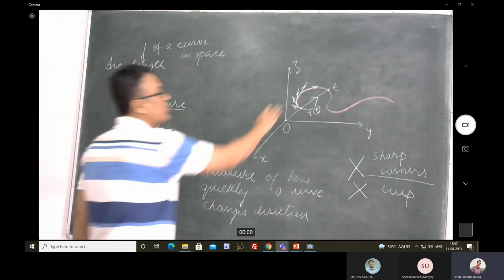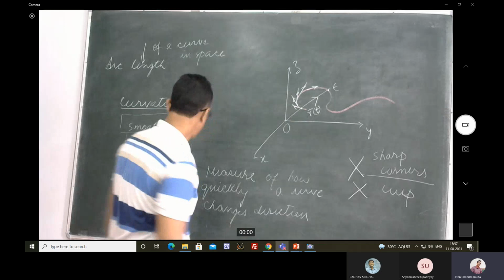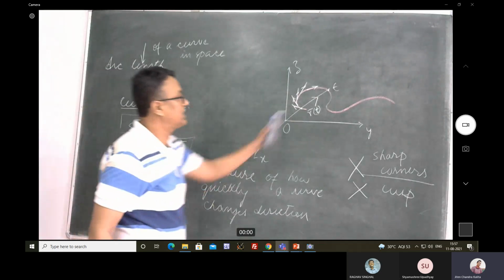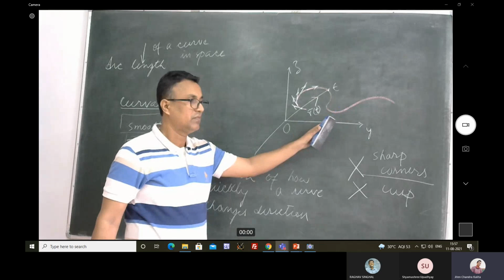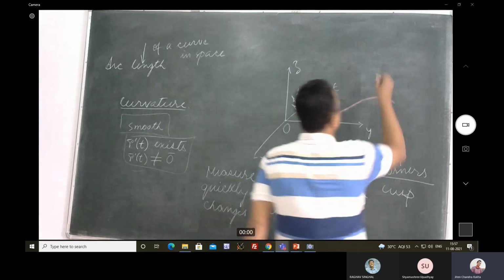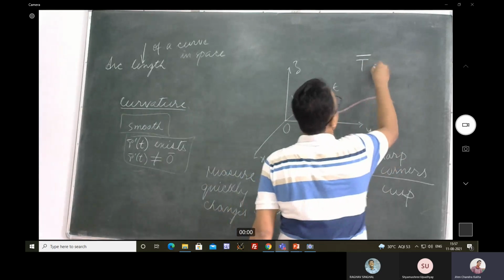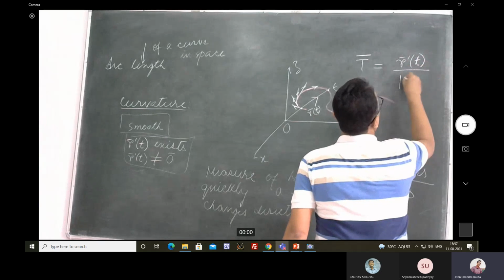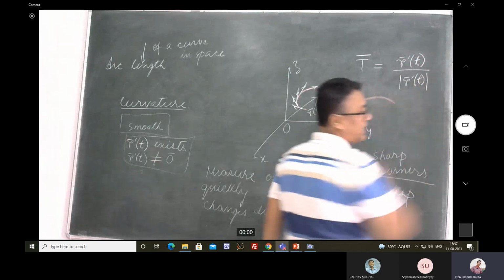Here we were talking about tangent. And this condition allows you the existence of a tangent at each point of this curve. And then you know that a unit tangent is simply defined by this.